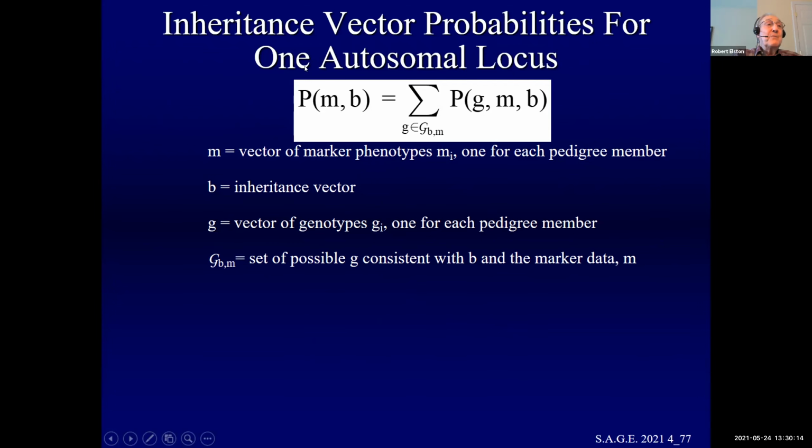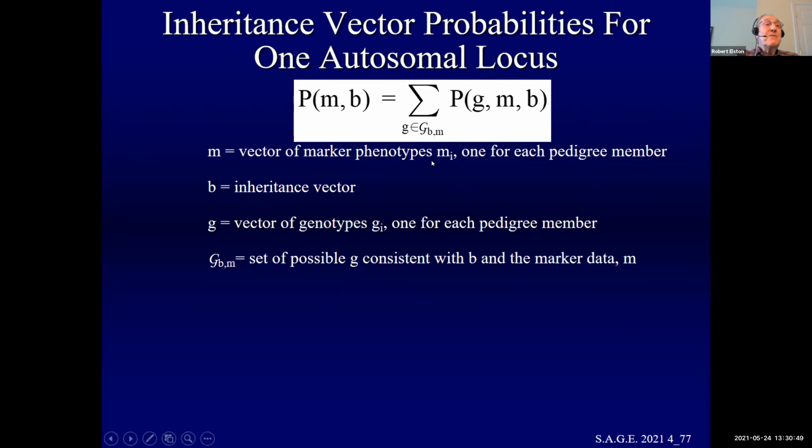First of all, the probability of the marker data M and B, whatever B is, 0 or 1, is the sum of the probabilities of the genotypes, the markers, and the inheritance vector value for all those genotypes G, B, M, where that is the set of G consistent with B and the marker data M. A bit like being in the pheno set, if you like.